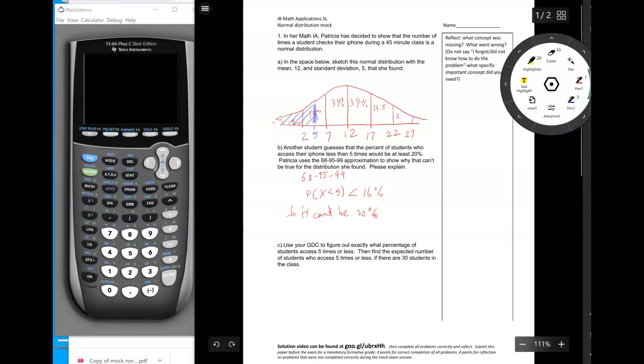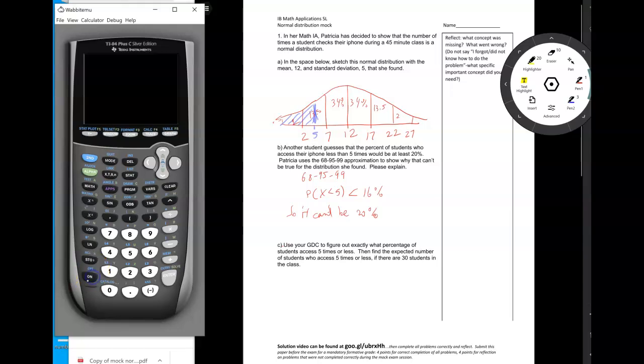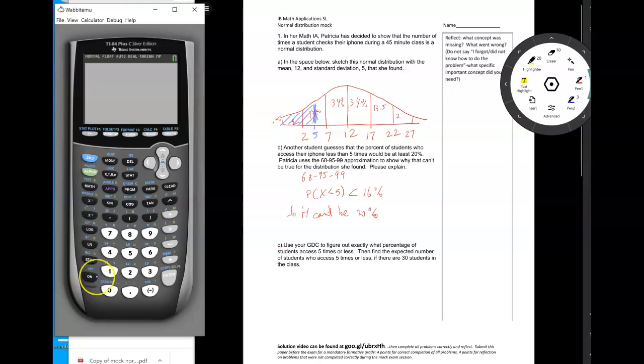Part C, use your GDC to figure out exactly what percentage of students access 5 times or less. Then find the expected number of students who access 5 times or less if there are 30 students in the class. Okay, so now we're actually going to use the calculator to figure out what this blue region is.